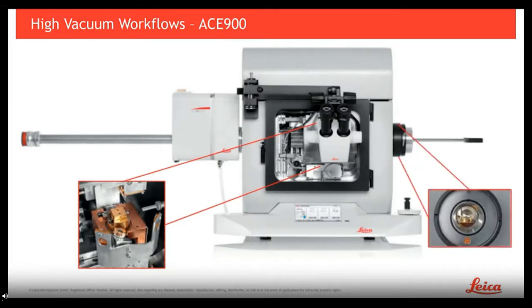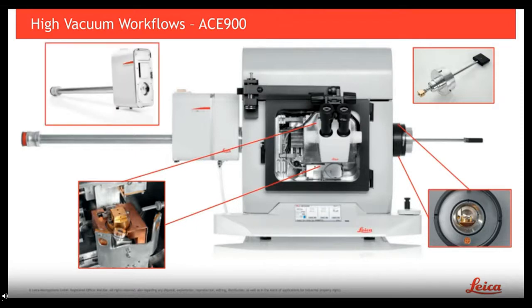The loading interface allows samples to be picked up either through a manual system or through the VCT 500 shuttle, allowing the sample to be worked with in a variety of different ways.